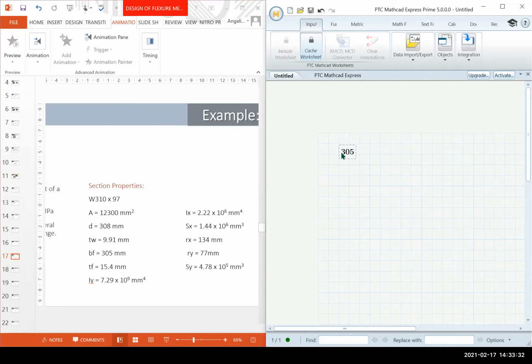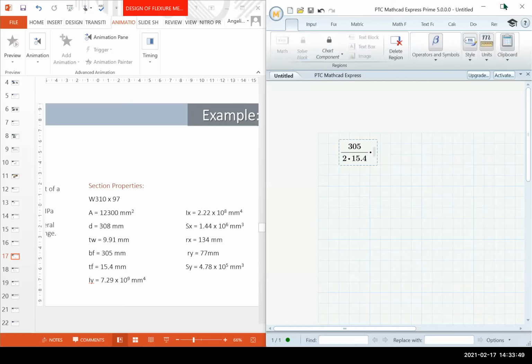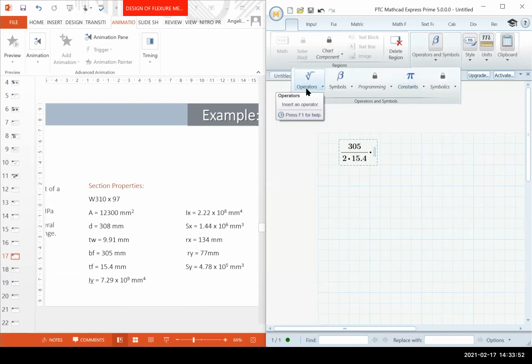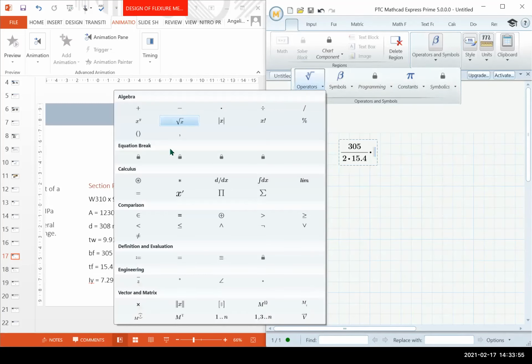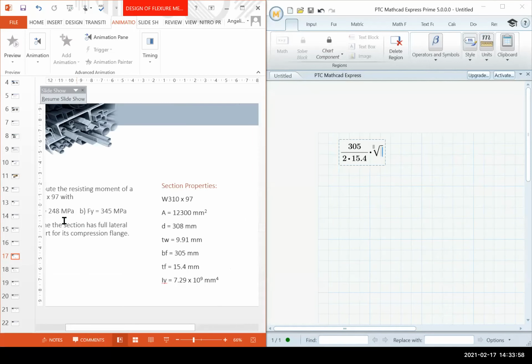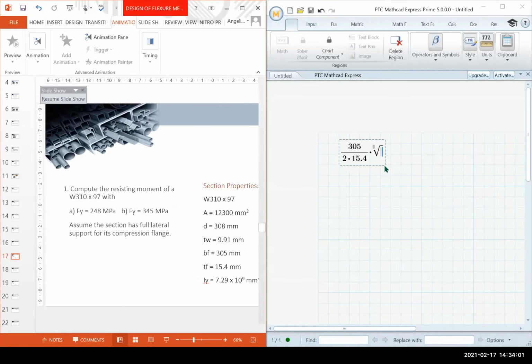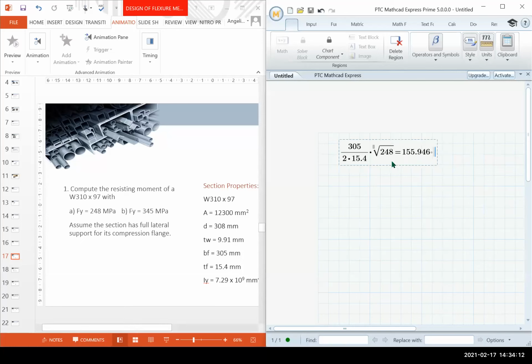So we have 305 divided by 2 times TF, ang TF mo is 15.4, multiplied by square root of FY. Ang FY nung A is 248. Check natin yung sagot. So, 155.946. So, that is less than siya sa 170.